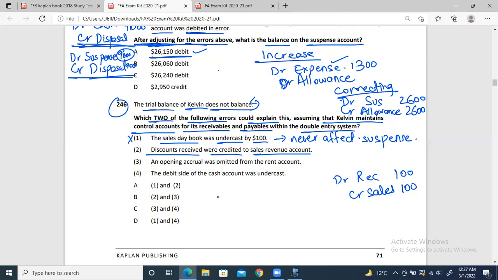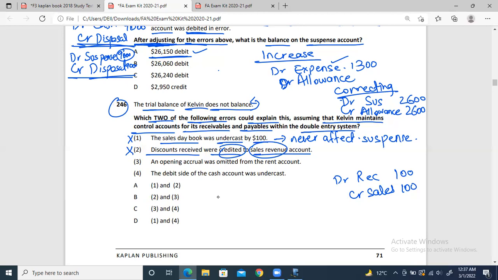It will not know what's happening. Discount received is credited in its own account, and if it is entered in the revenue account as a credit, there is no problem, no issue. If it had been written as discount received debited, then that would create an issue. So this entry will also not require any suspense account, because the entries are correct.